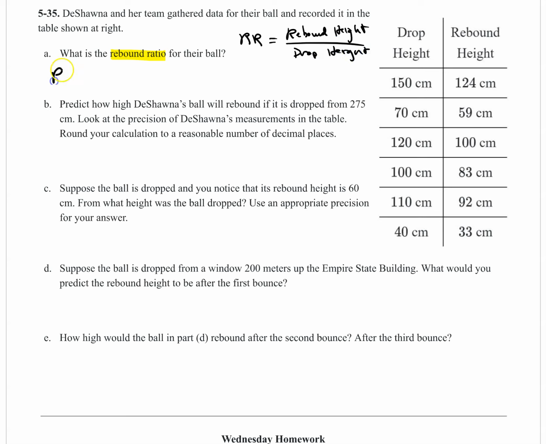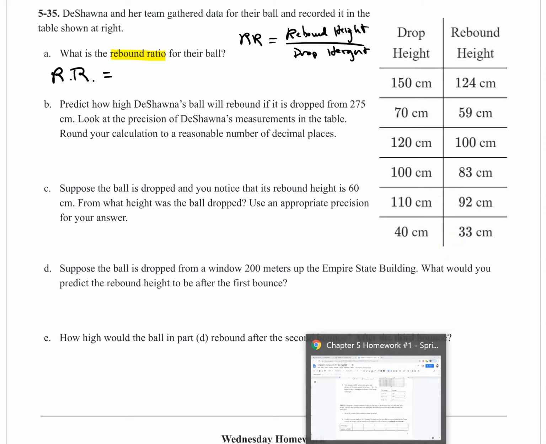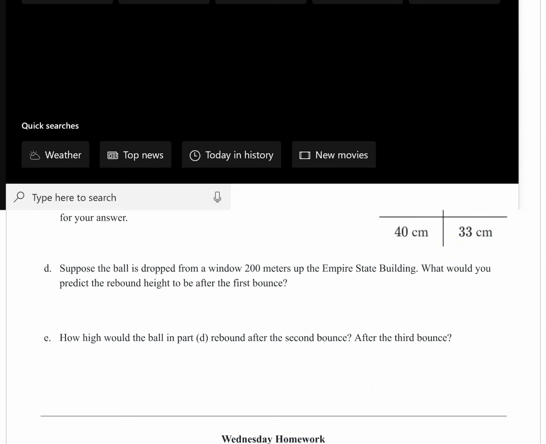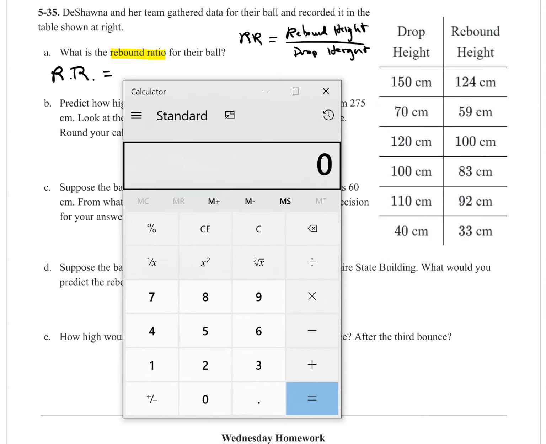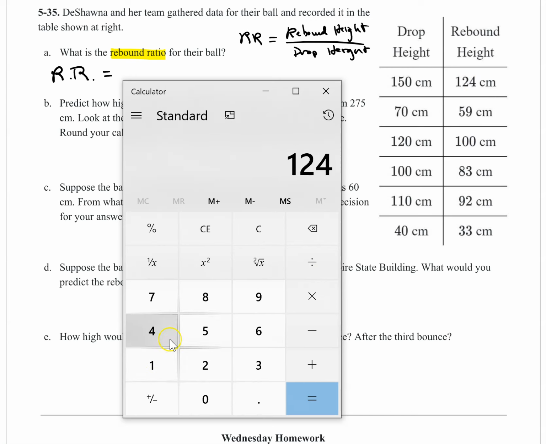Okay, so the rebound ratio for us, and you can pick any two of these, the answer will be roughly the same. So let's get our calculator open. And let's try dividing. 124 divided by 150.